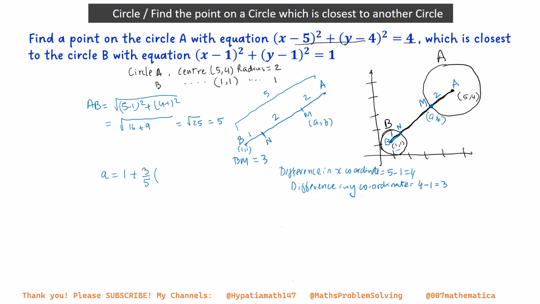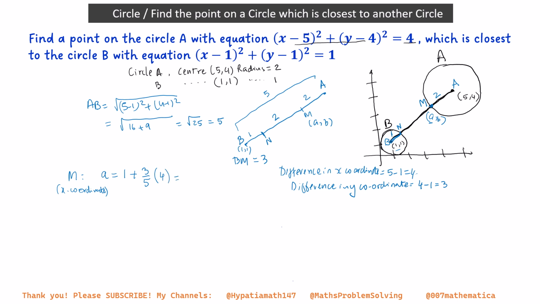So here the x coordinate of M, just to make it clear, is 1 plus 3/5 of the difference, that is 4.